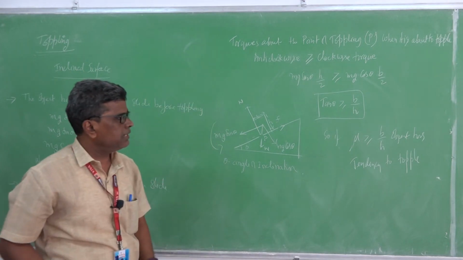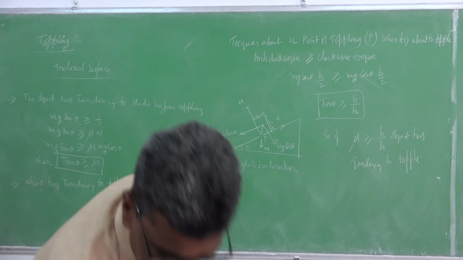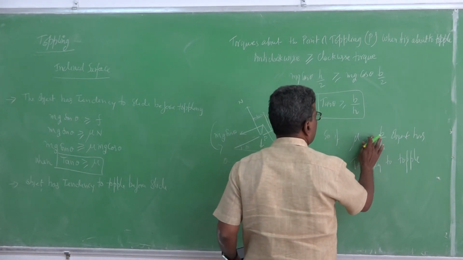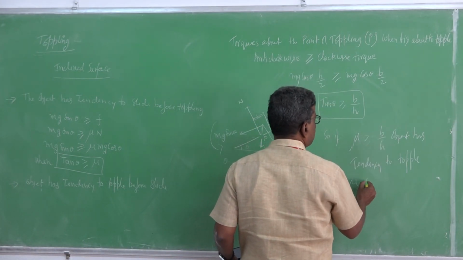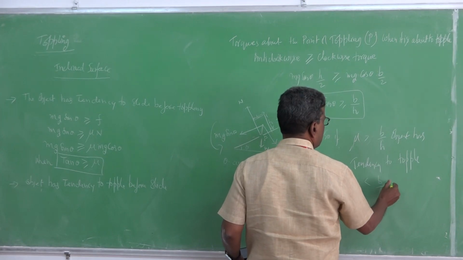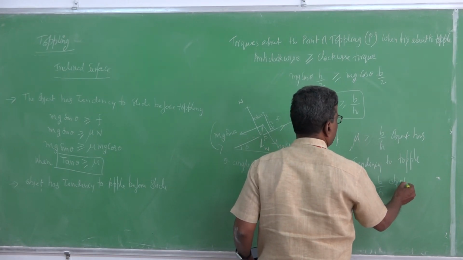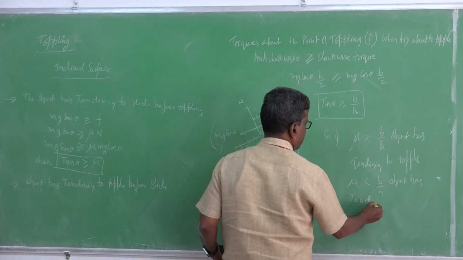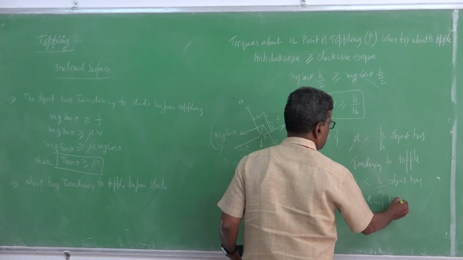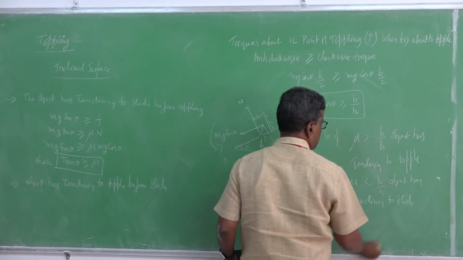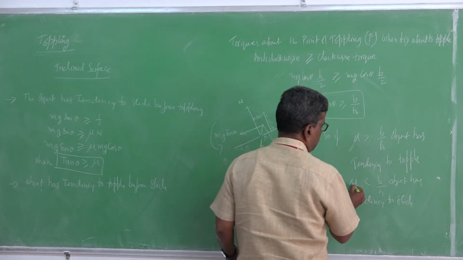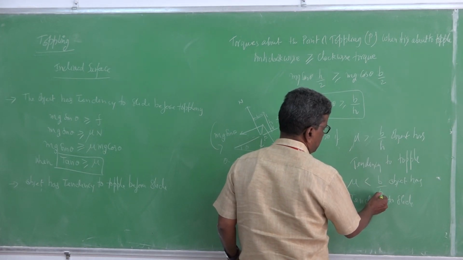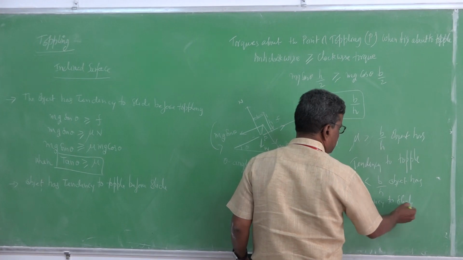If it is less than that, the object will have a tendency to slide. If the mu value is less than b by h, the object has a tendency to slide.